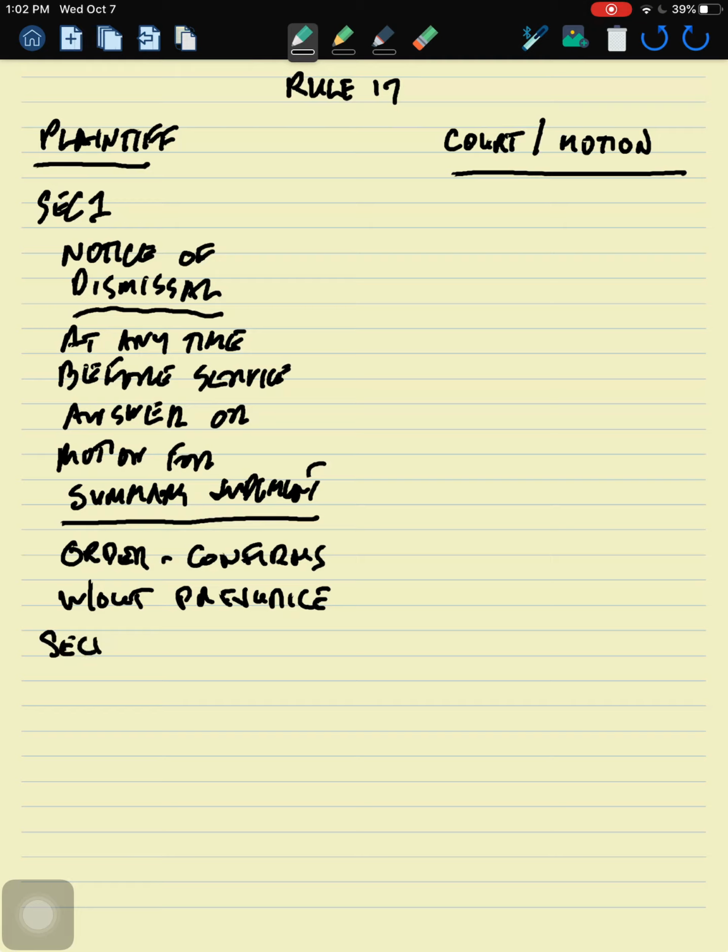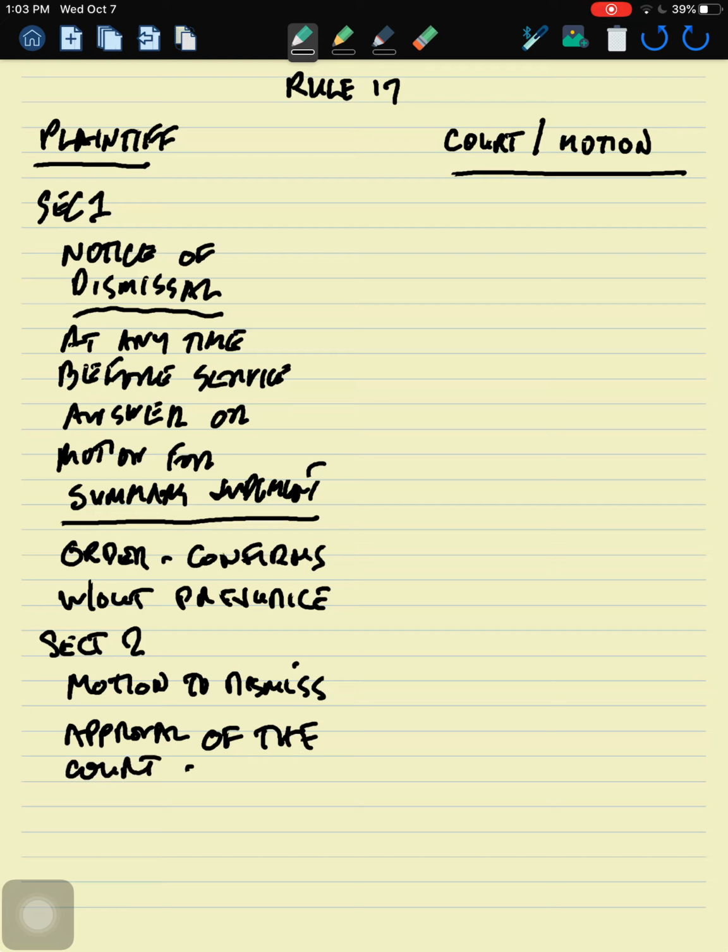Section 2 refers to a dismissal by way of a motion to dismiss. This will be the mode of dismissal if an answer or a motion for summary judgment has been filed. This will now require approval of the court.